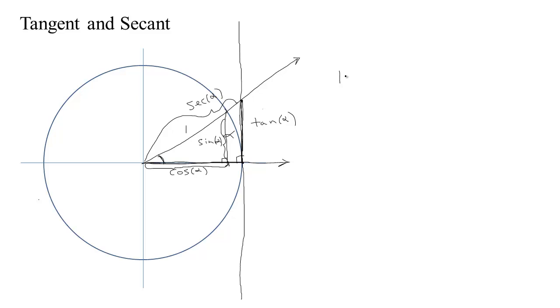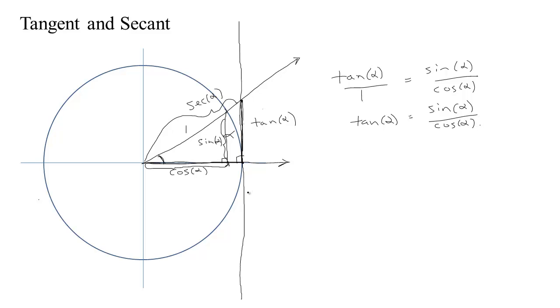So if I take the tangent of alpha divided by 1, that's the length of the vertical to the horizontal, that ratio will be the same as this ratio on the smaller triangle, which should be the vertical over the horizontal. So this tangent of alpha is actually the sine divided by the cosine.